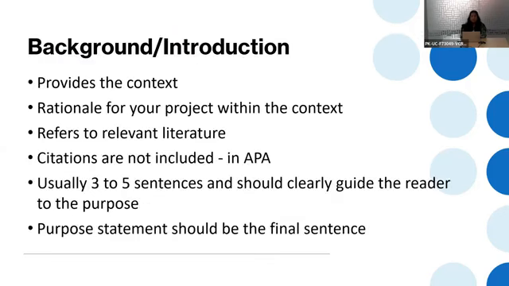Moving forward, the second section of the abstract is the background or the introduction, right? And this section is going to provide the context of your research, right? Why have you done that work? What work has already been done, and how is your work going to contribute to the already existing literature that is available?